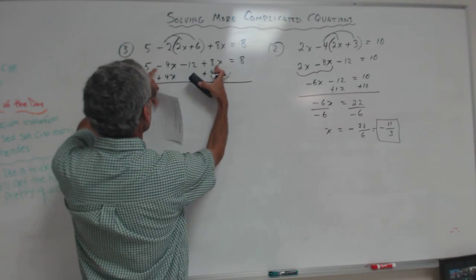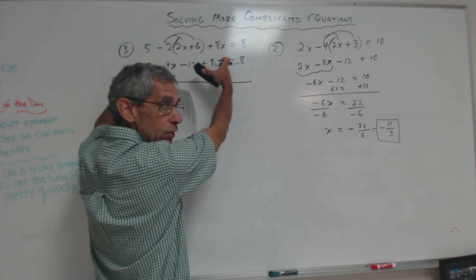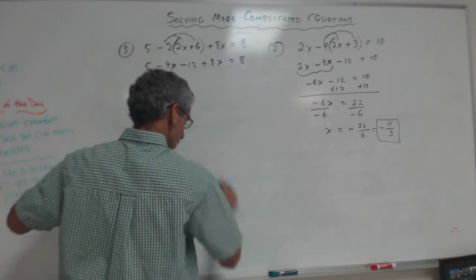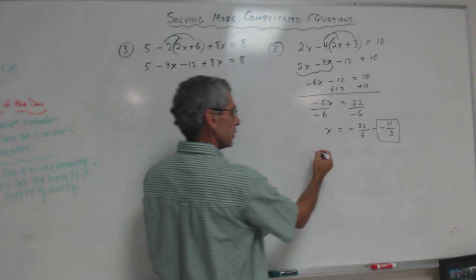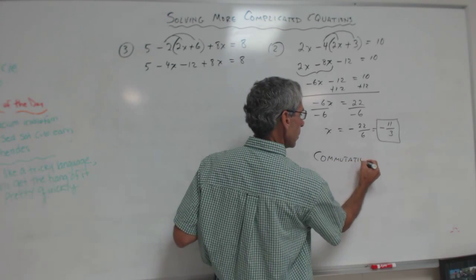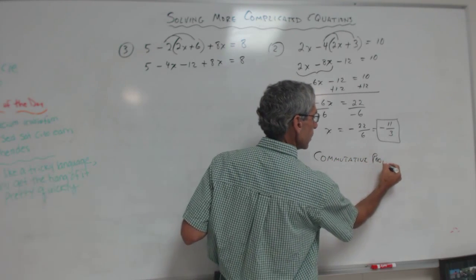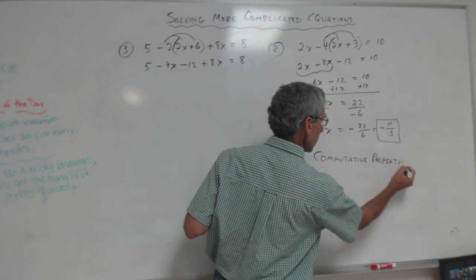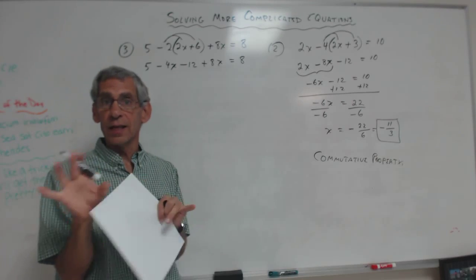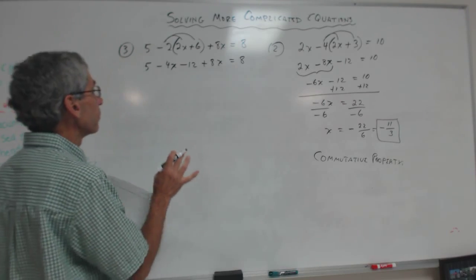So these are already on the same side. You can just combine them, right? Because there's a commutative property. Do you remember this? Commutative property of algebra. This property says you can move things around on the same side without doing anything particular.